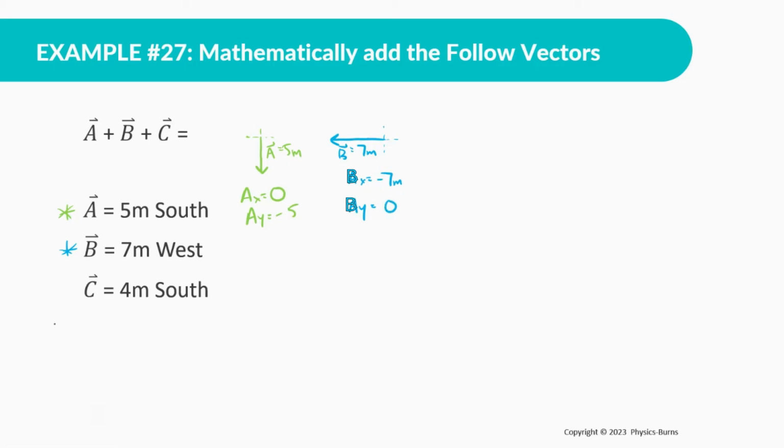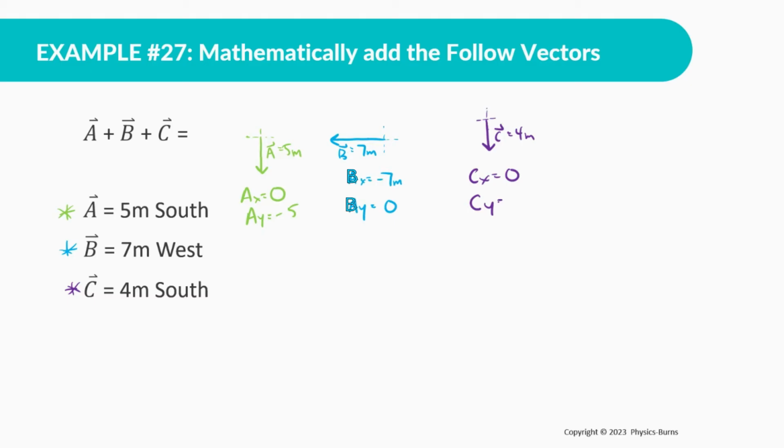And then I'm going to find C. This is 4 meters south. So I'm going to draw that. C equals 4 meters. And the, not the a sub x, did that wrong. This is c sub x. C sub x is equal to 0 because it's just going up and down, not left or right at all.